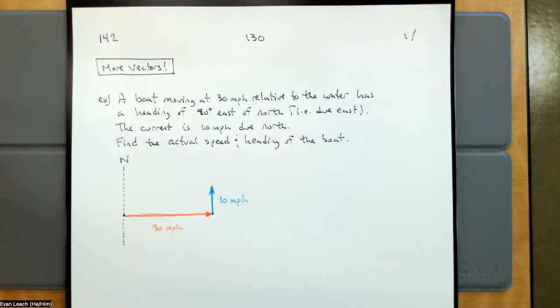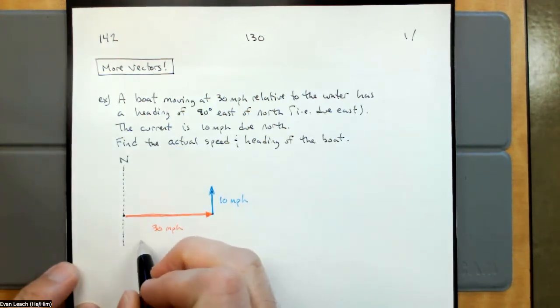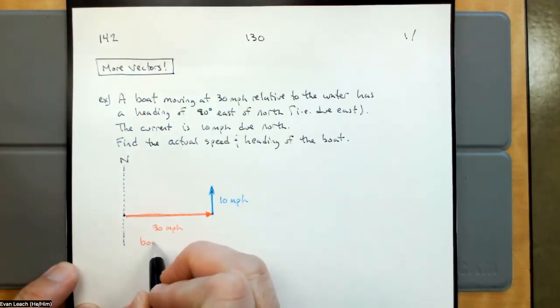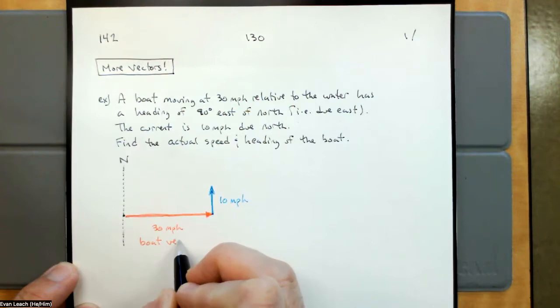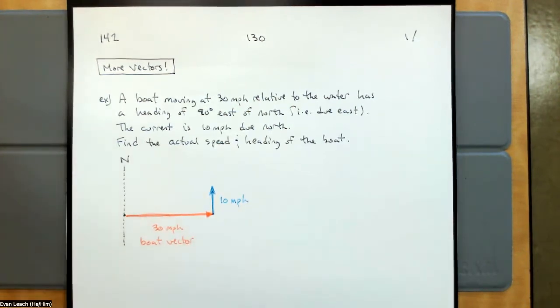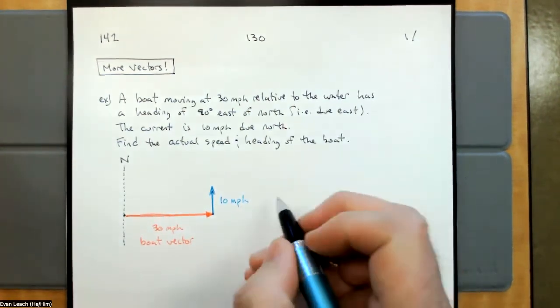This is a perfect problem for vectors because what the boat is actually doing will just be the sum of the vector of the boat and the vector of the current. So we have a vector for the boat. We have a current vector.